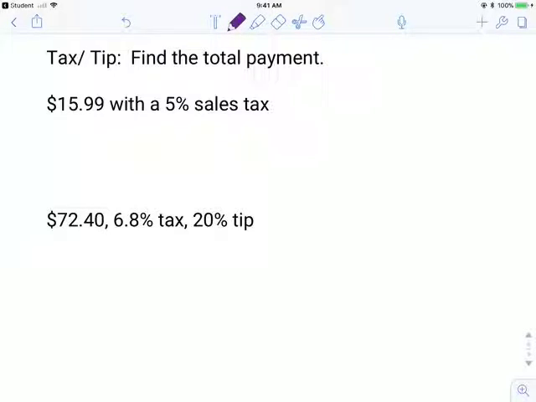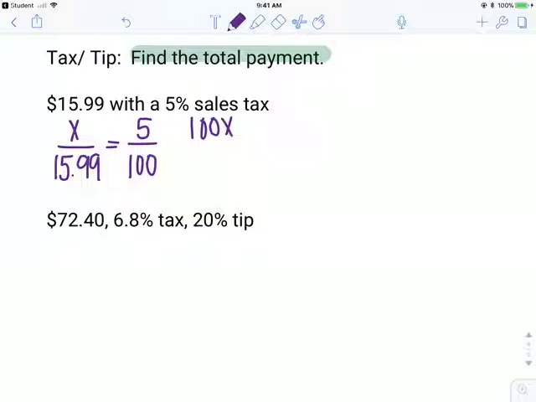We're going to find the total payment on these bills when we apply sales tax, and then sales tax and tip. So part over whole equals percent over 100. I get 100x equals $15.99 times 5, $79.95, divided by 100.